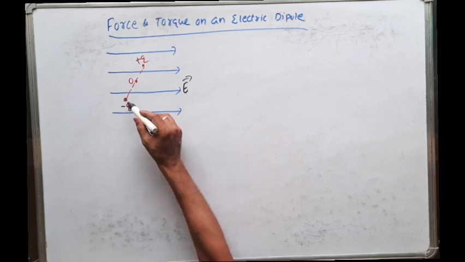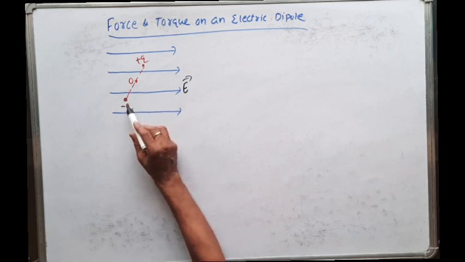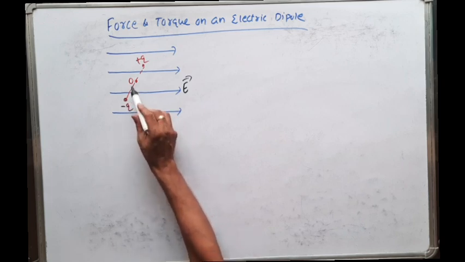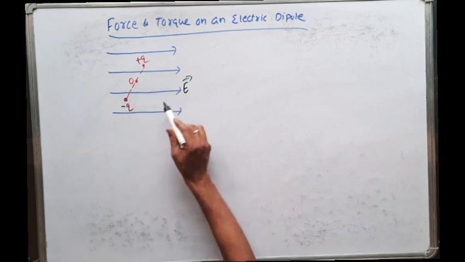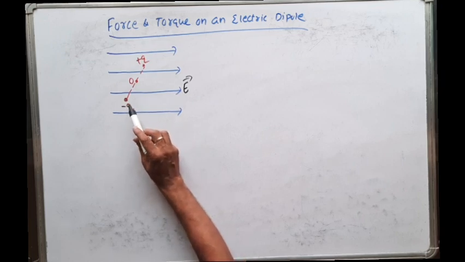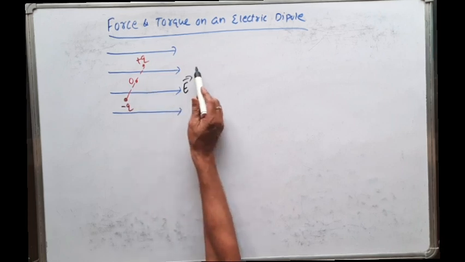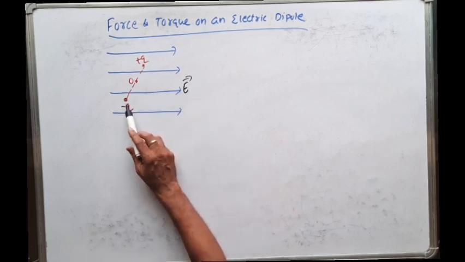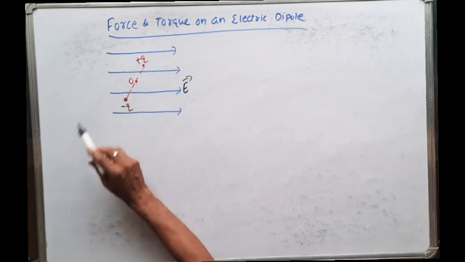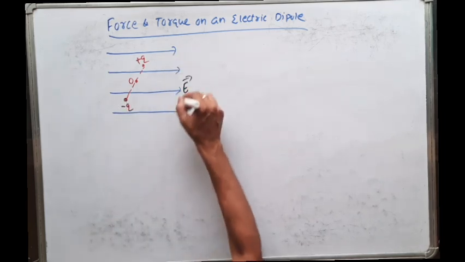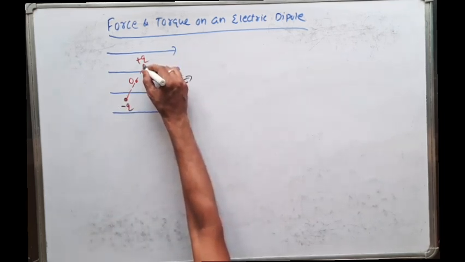Now, when a charged particle is brought inside an electric field, what will happen? That charged particle will experience a force. If the charge is positive, the direction of the force is along the direction of E. If the charge is negative, the direction of force is opposite to that of E. So inside this electric field, there is a charge plus q.